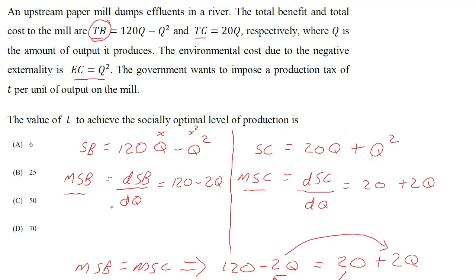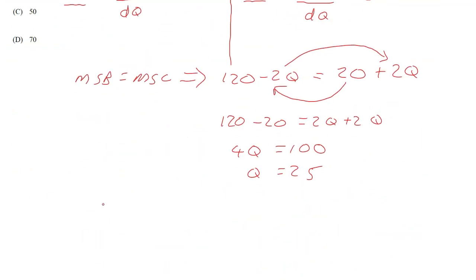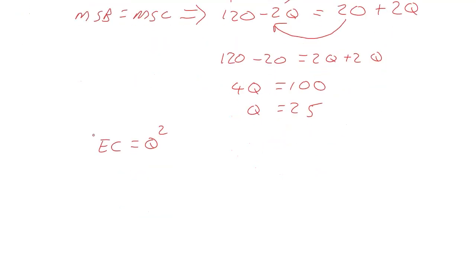Now, we know that the environmental cost is equal to q square, and we now need to find out what is the marginal external cost.